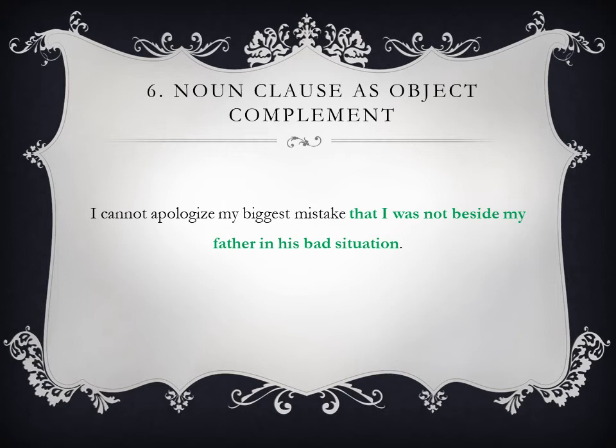The noun clause here, "that I was not beside my father in his bad situation," describes or completes the object. The object is my biggest mistake. So the noun clause defines or describes the object here, mistake.